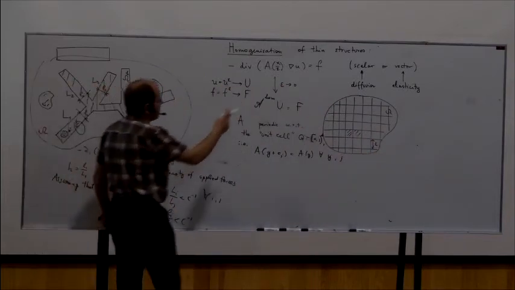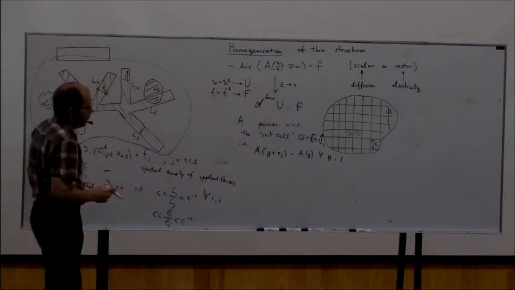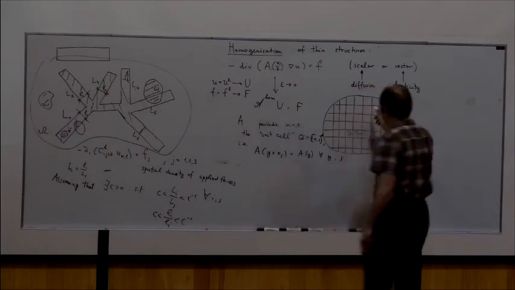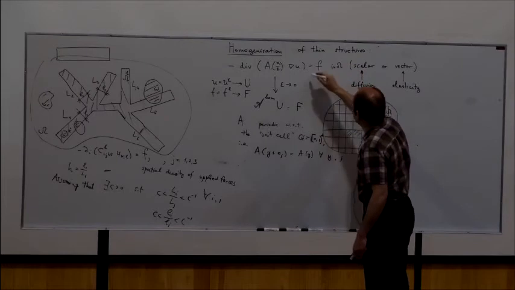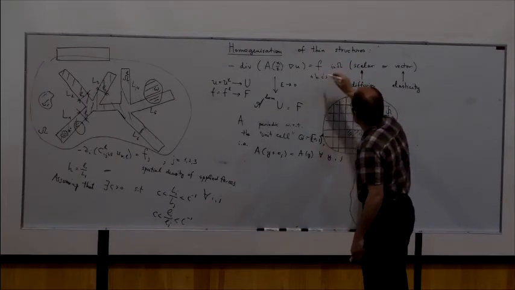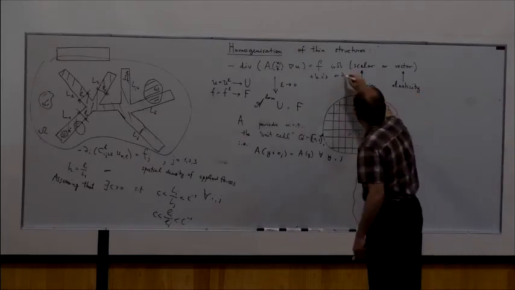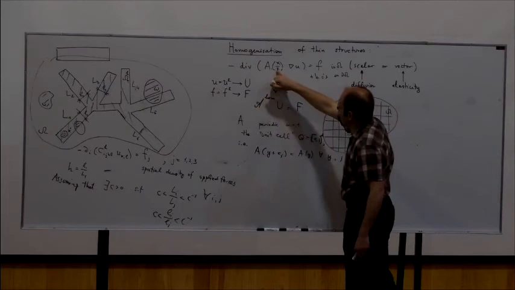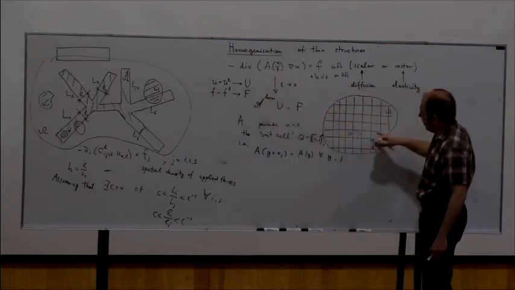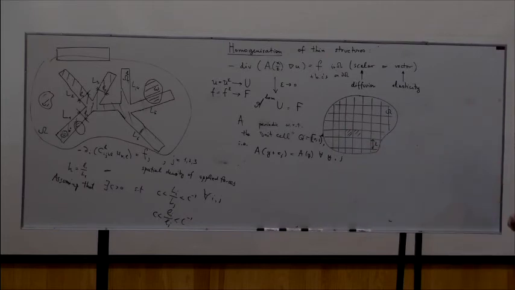And then you substitute this variable x over epsilon instead of y, and you see that while omega is fixed, so here I have some equation in omega plus some boundary conditions on the boundary of omega. While the equation is fixed, while omega is fixed, the coefficients of the equation vary in such a way that the medium becomes more and more heterogeneous, right?